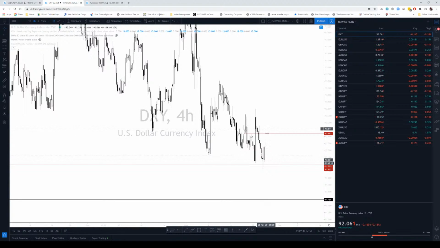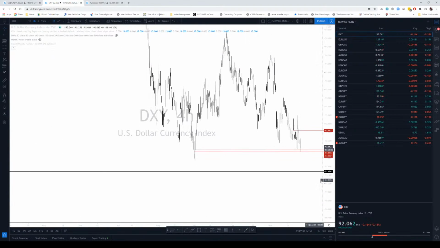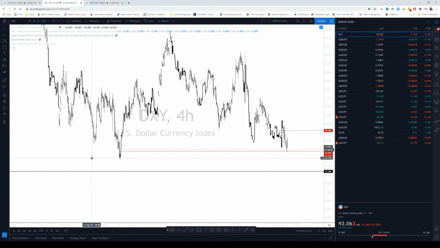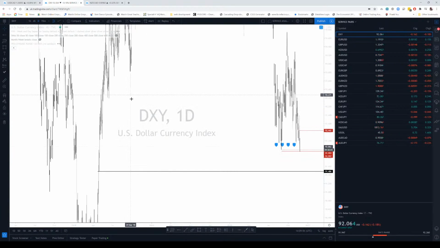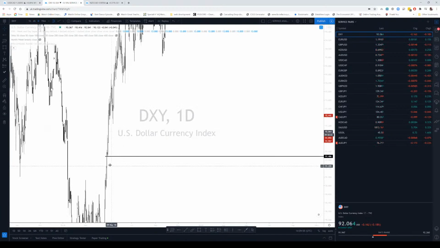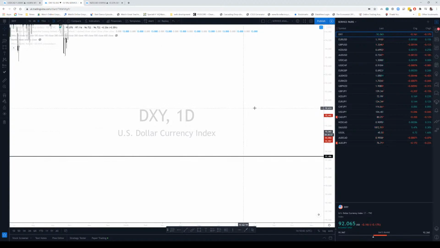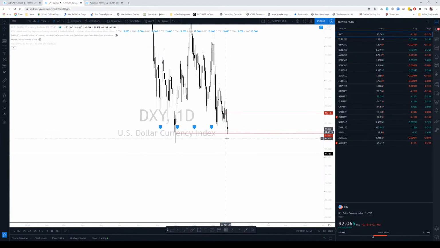So we are looking for the continuation to the downside to the next level that I mentioned on Monday. So my next downside objective is this one here. So next target is dollar coming down.